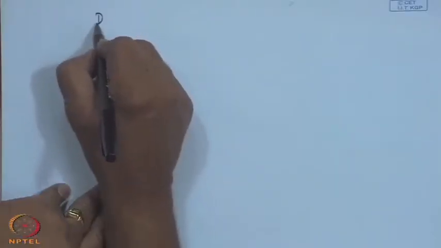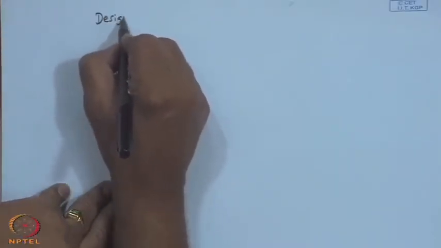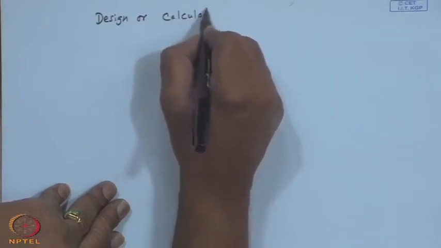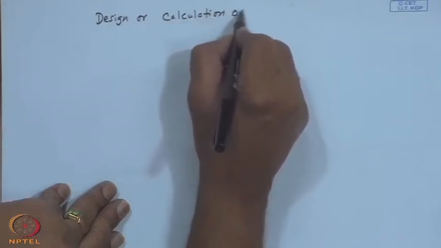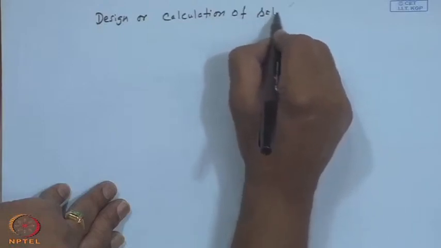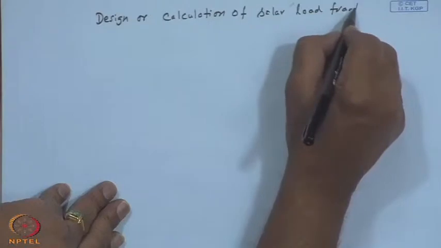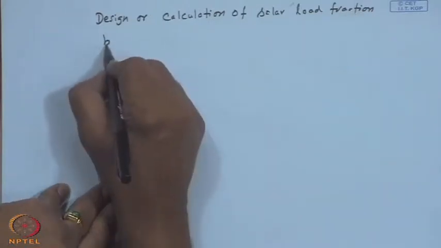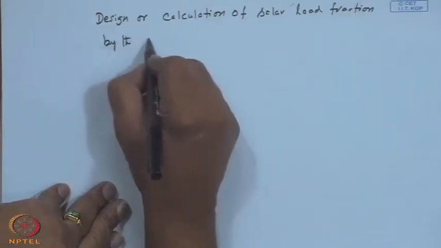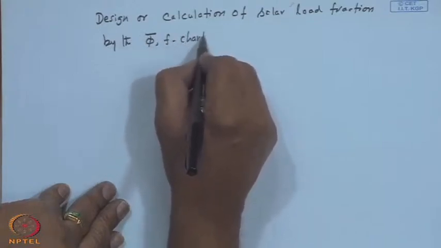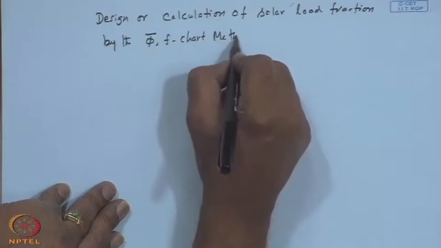So, exactly the same sequence of calculations will be done. So, I would now say design or calculation of solar load fraction by the phi bar comma F chart method.